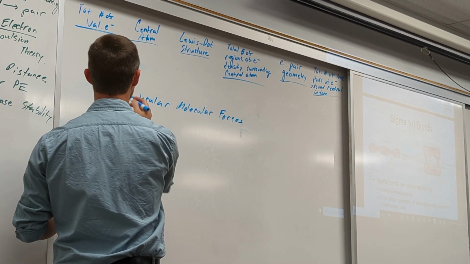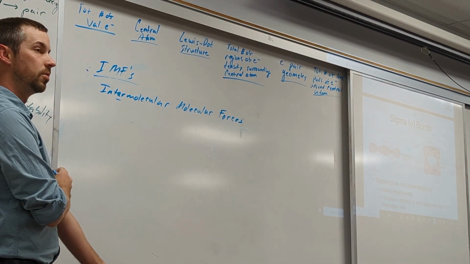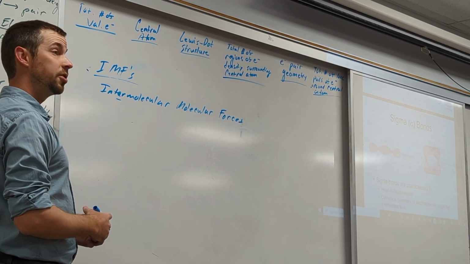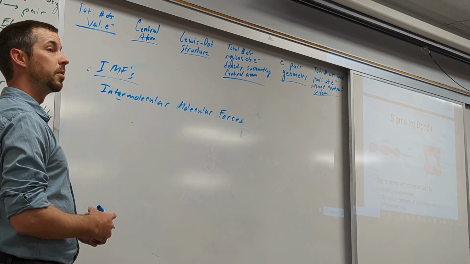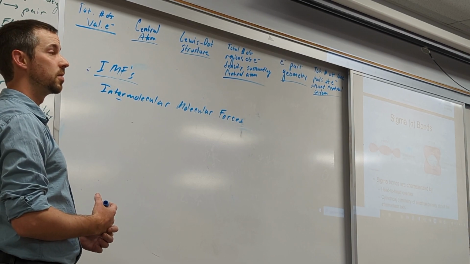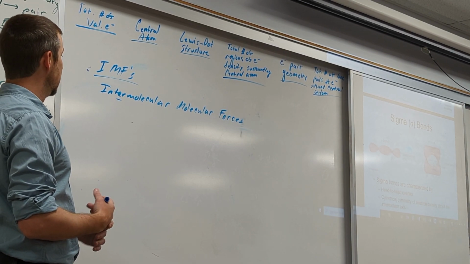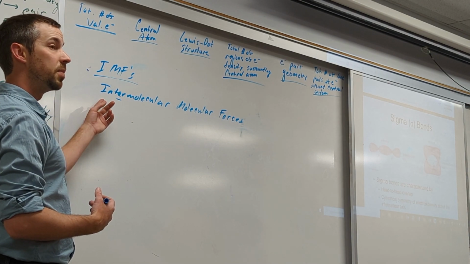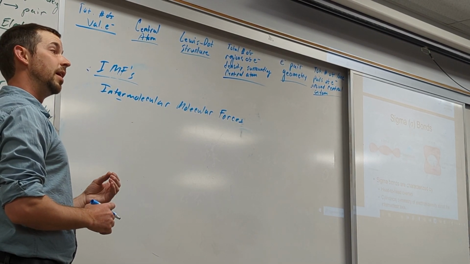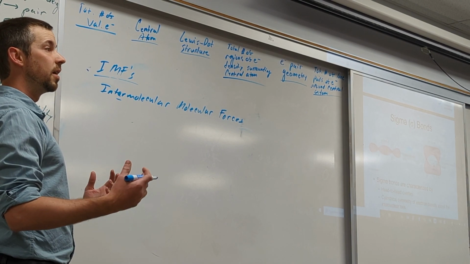The inter here is between two molecules. So intramolecular interactions are bonds that occur within a molecule, like covalent bonds or electrostatic forces of attraction for ionic compounds. Intermolecular forces are those bonds that occur between two different molecules. They could be identical molecules or they could be non-identical molecules.